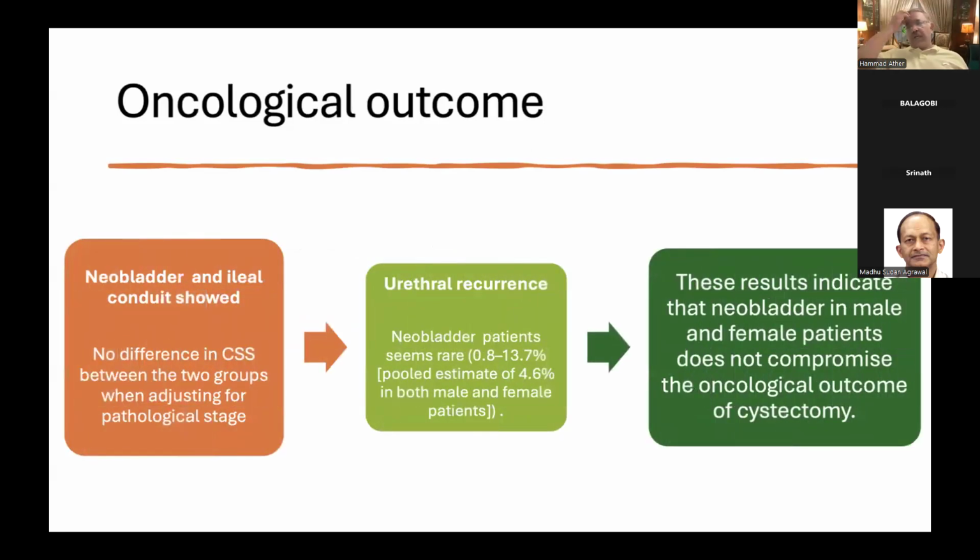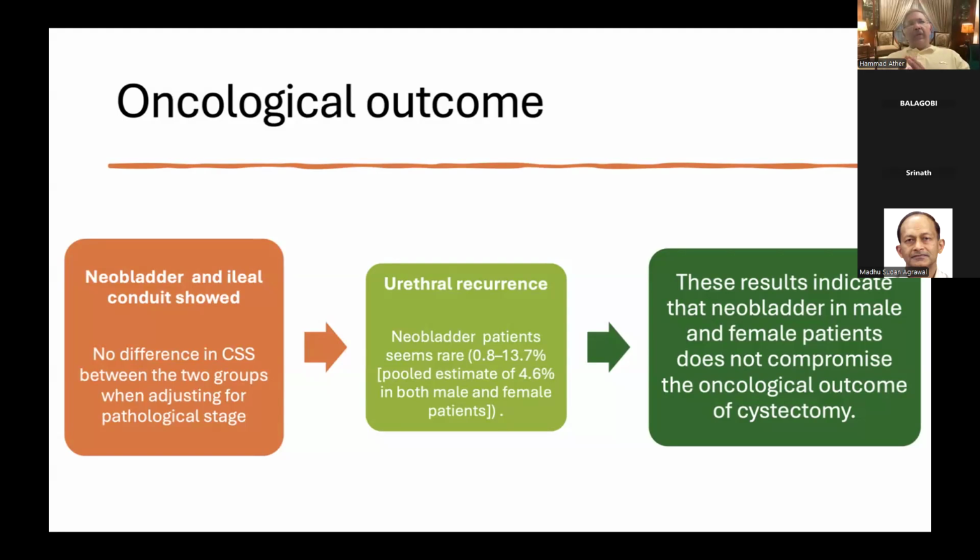What about oncological outcome? Patients who have a new bladder versus ileal conduit, there is no difference in the cancer-specific survival when the two groups are matched for pathological stage. Obviously, there is a concern about urethral recurrence with orthotopic new bladder.